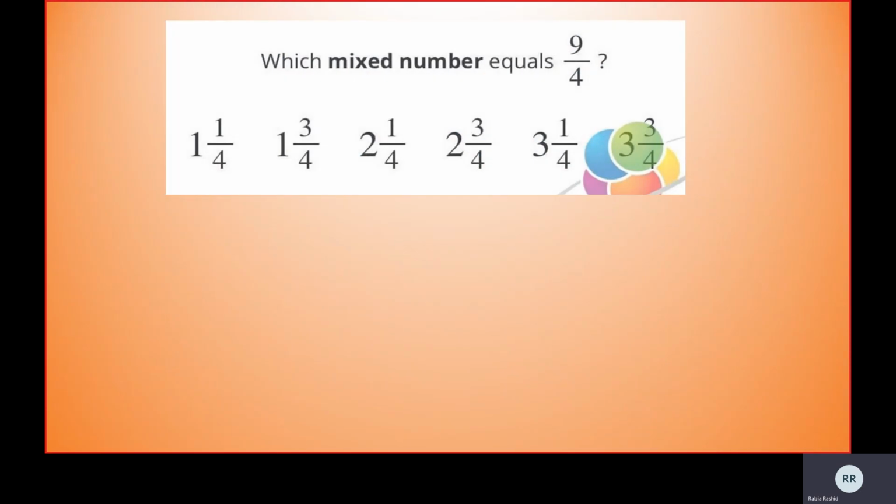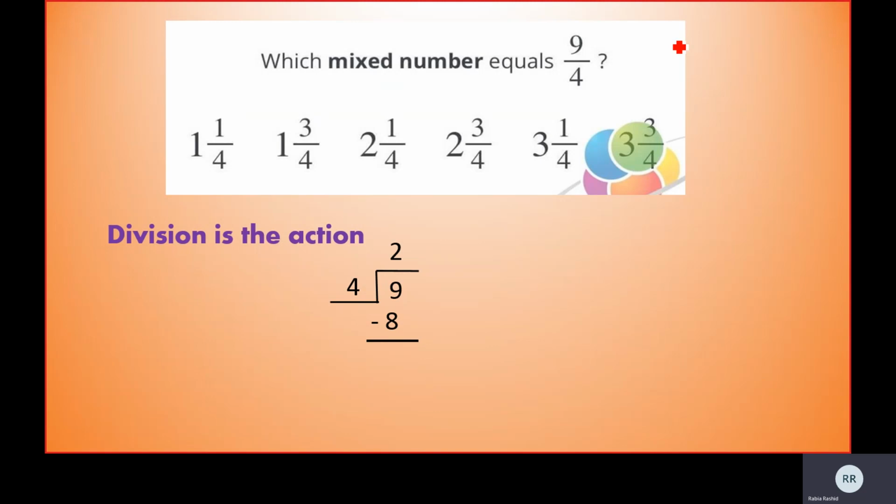Here is a question: which mixed number equals 9 by 4? We have been given so many mixed numbers, but we have to pick the correct answer. So what we'll do, this division is the action. Pick a bracket, 9 will be written inside and 4 outside. 4 twos are 8. Subtract 8 out of 9, you will get 1.